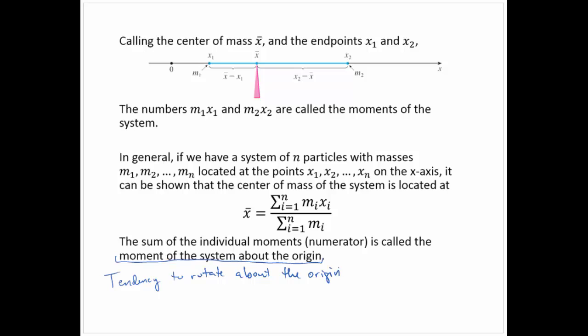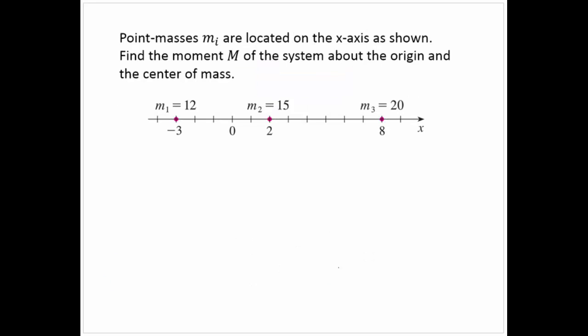We'll see what we mean by that in a moment. So let's consider this example. We have point masses located on the x-axis as shown. We're asked to find the moment M of the system about the origin and the center of mass.